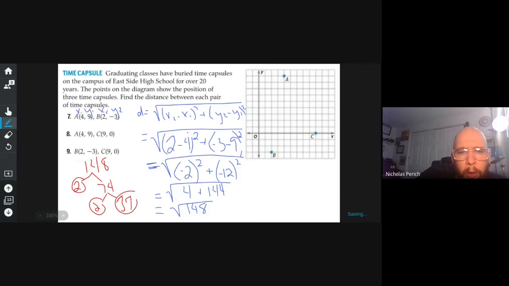And 37's prime. So the square root of 148 is the same thing as the square root of 2 times 2 times 37. Bring out a pair of 2's, and I end up with 2 root 37.